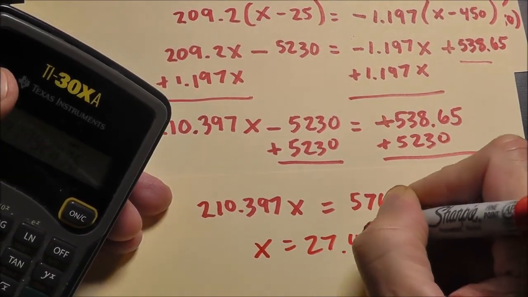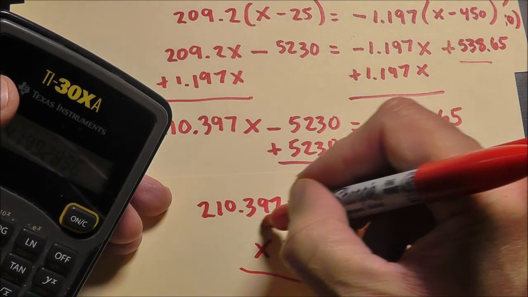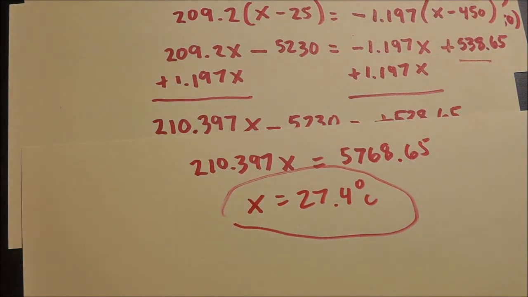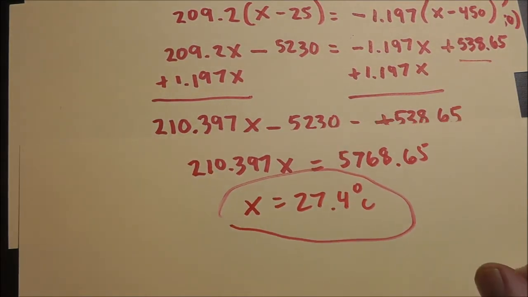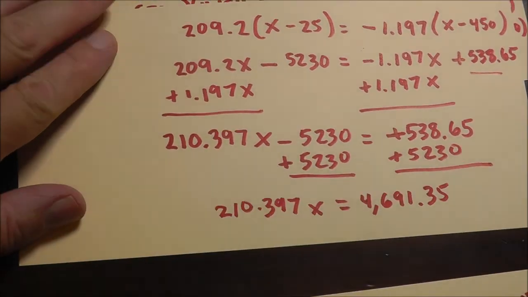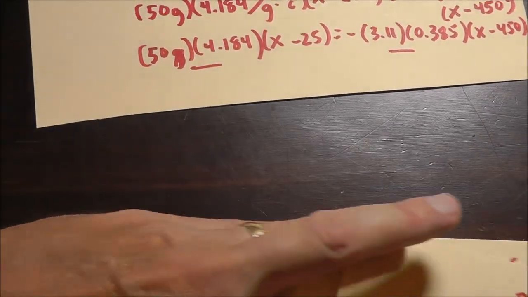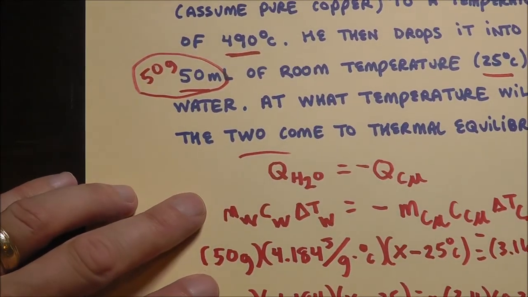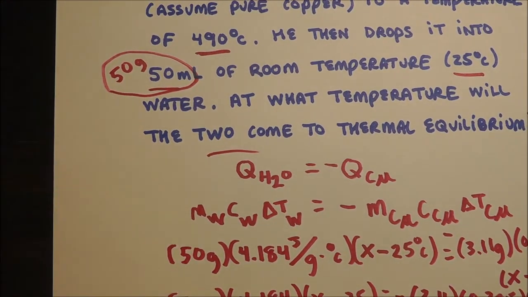Now, that might not seem realistic, but remember, the water was more massive by a lot. That's way more than 10 times. So the water outmassed the penny by a bunch, 16 times.